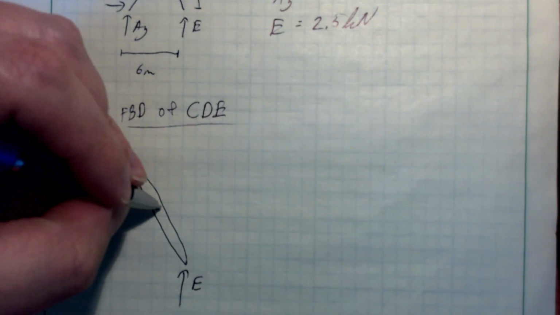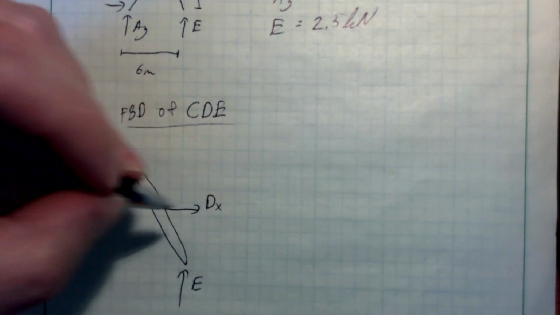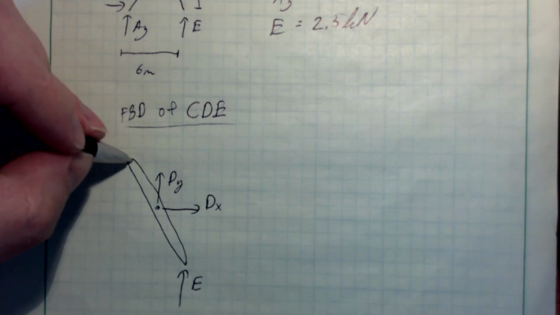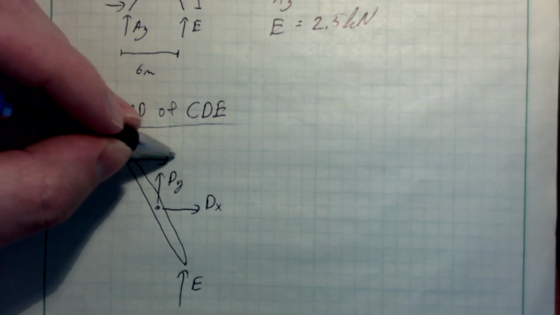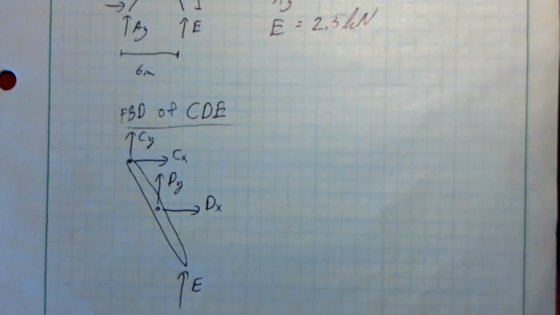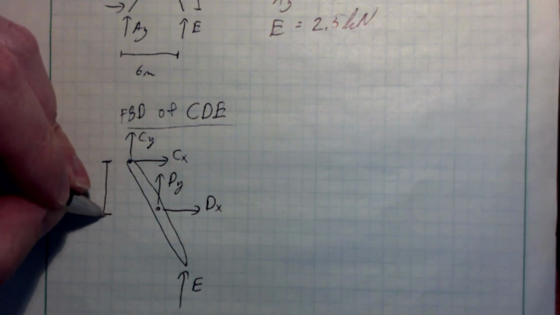I'm going to draw D. I've got point D. It's a pin, so I've got DX and DY. Then I'm going to draw point C. This is the first time I'm drawing it. I know I showed you some diagrams earlier that had CX and CY in the opposite direction, but just systematically, this is the first time I'm drawing them here, so I'm going to draw them in the positive direction.